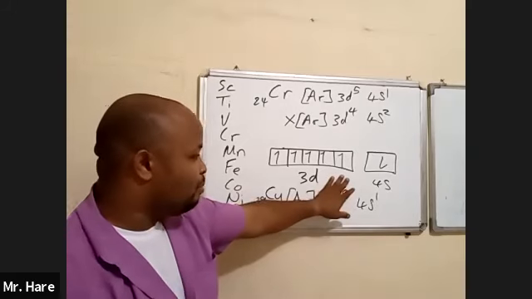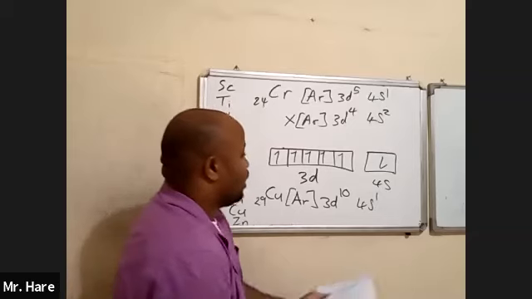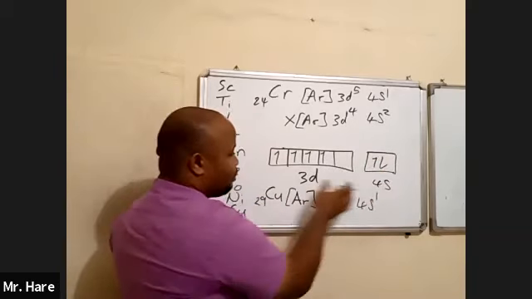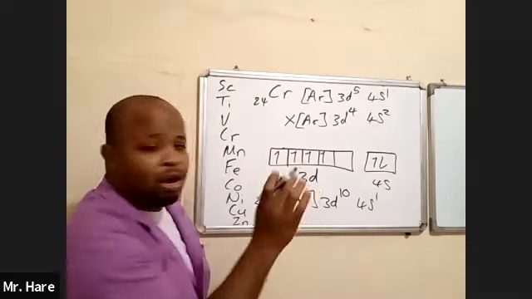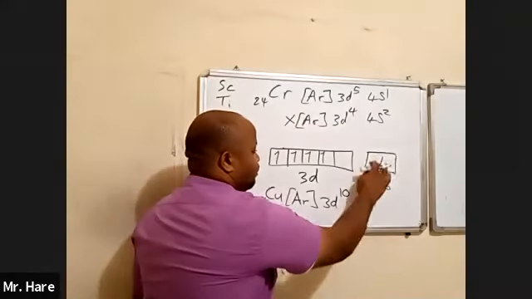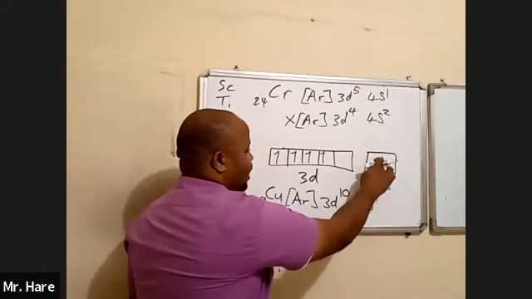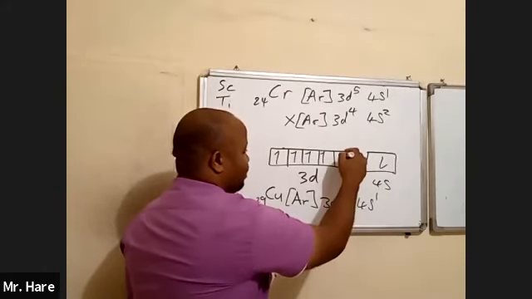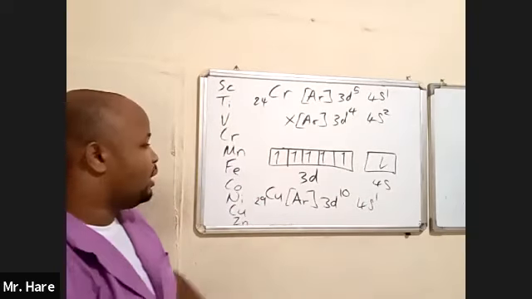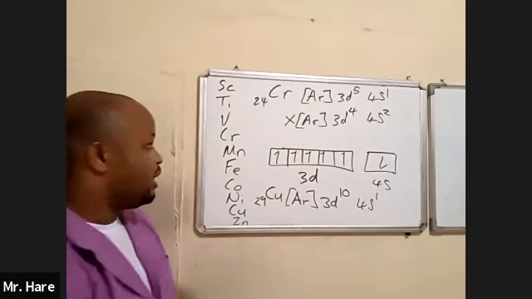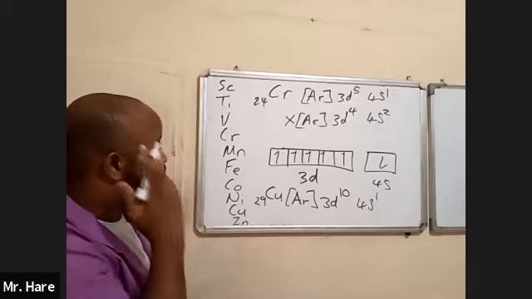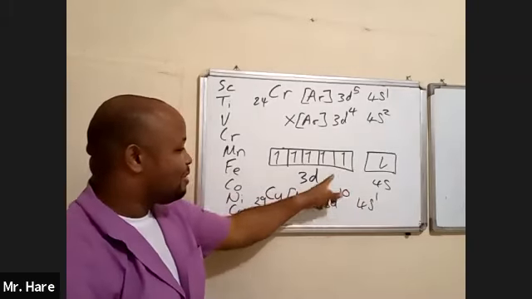All right, so chromium, it was paired, right? 4s2, 3d4. But the orbitals are close in energy, so they can move one of the electrons into the empty 3d orbital. So that is why it is 4s1, 3d5.